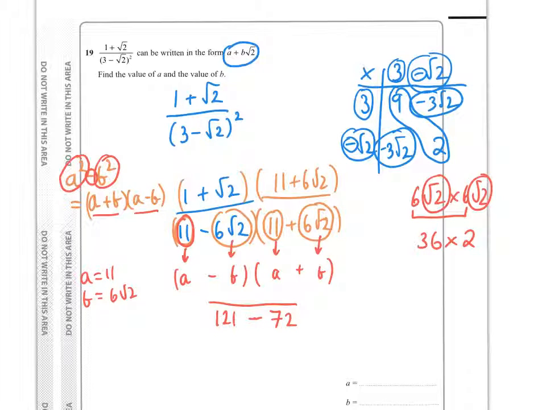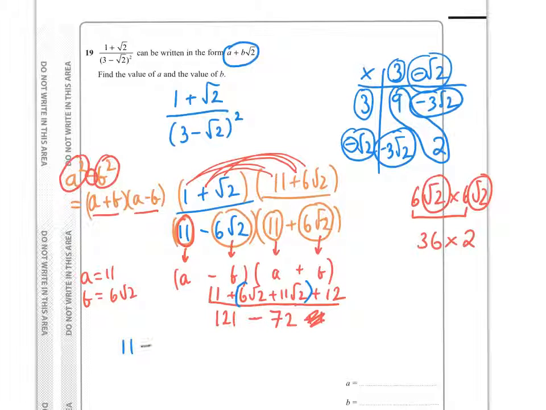Now let's have a look at the numerator. Let's multiply that out. So we're going to have 11 plus 6 root 2 plus 11 root 2. And be careful here, plus times a plus is plus, and then root 2 times 6 root 2 is 6 times 2, which is 12. Now we can simplify this part here because I've got 6 root 2 and 11 root 2.